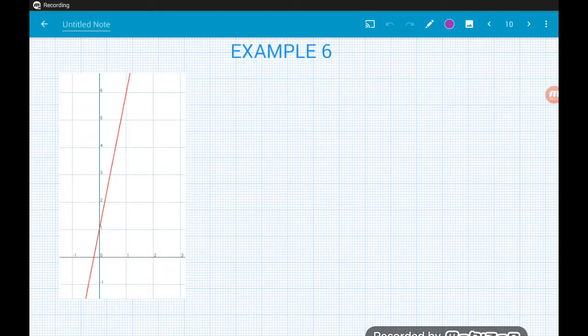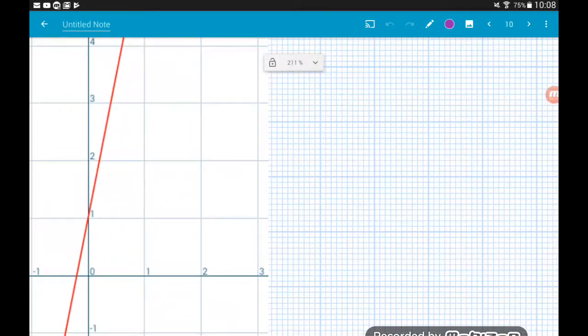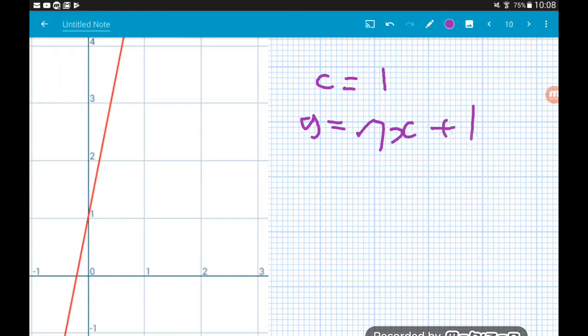Okay, example 6. So what can we see about this graph? Well, we can see that it's got a positive gradient because it's going up from left to right. And this time we can see where it crosses the y-axis, so that's nice. So first of all, let's get the value of the y-intercept, which is 1. So that tells us that c is equal to 1, and our equation is of the form y equals mx plus 1.